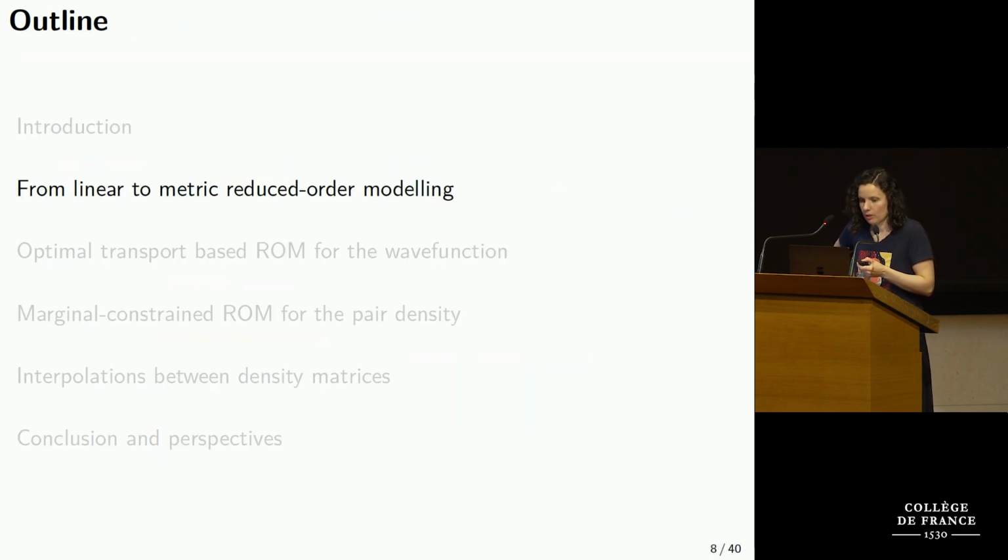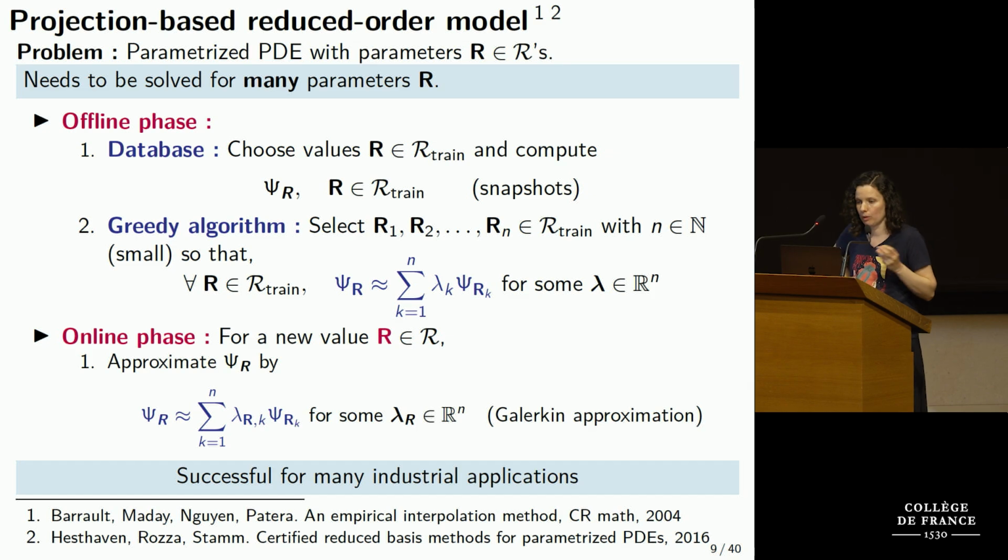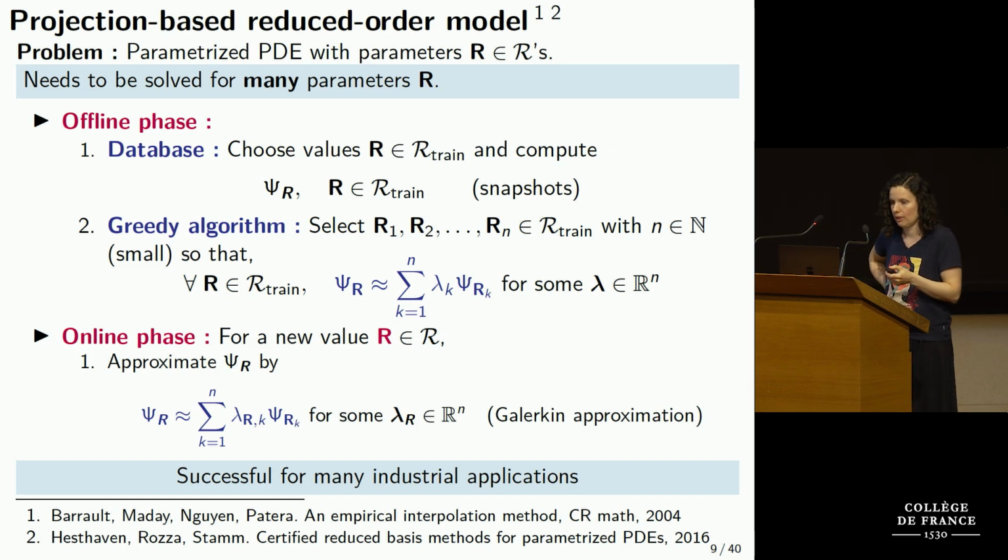Okay, and so let me start by explaining how we go from this linear setting to the nonlinear setting. I know all of you are familiar with that, but just to highlight the difference later, I want to set up the scene on a greedy algorithm for a projection-based reduced order model.